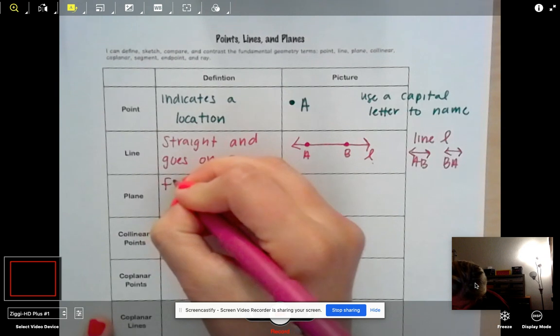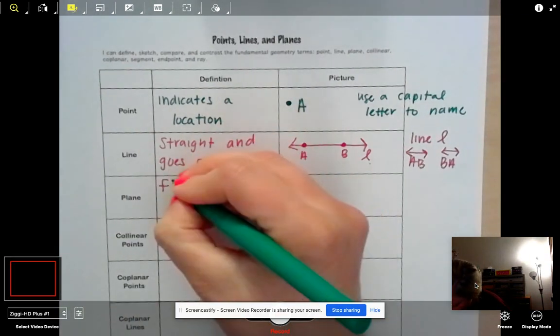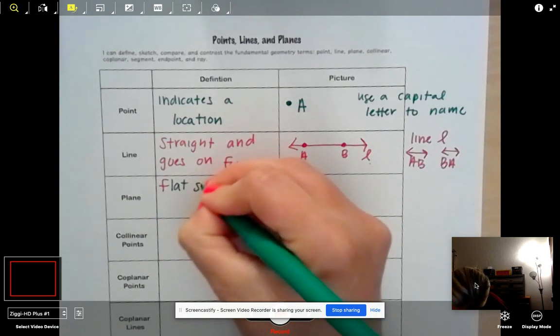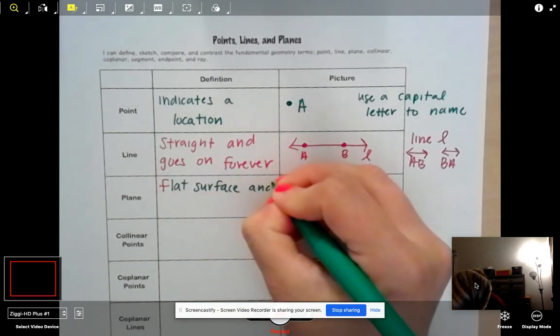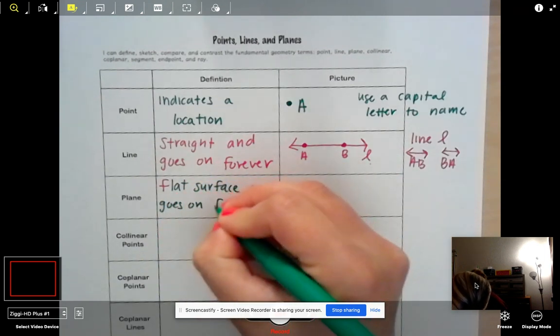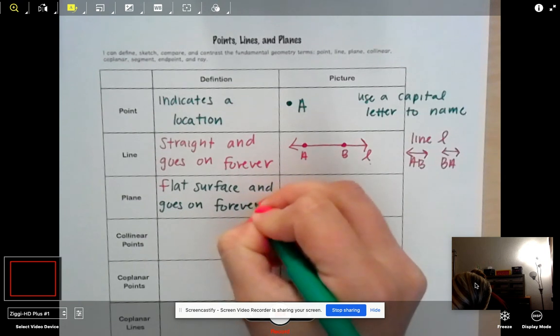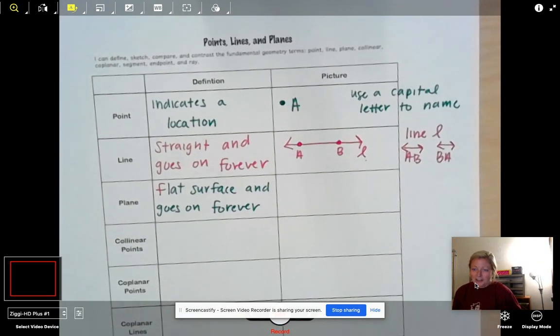So flat, oh, I should do green so I can alternate. Flat surface and goes on forever. Again, you're gonna see my wonderful drawing ability here.